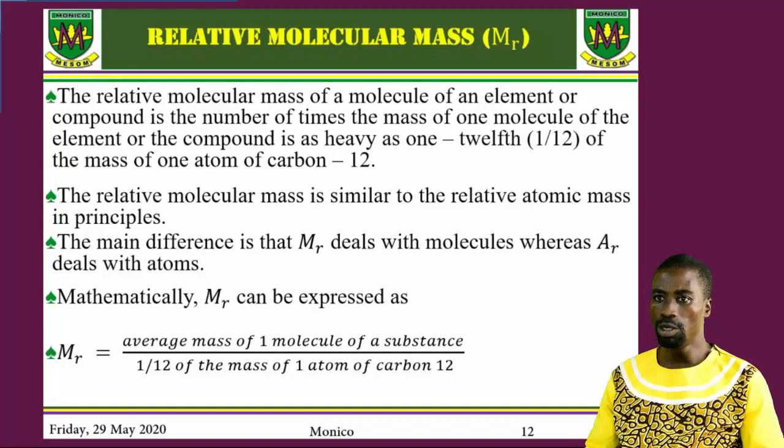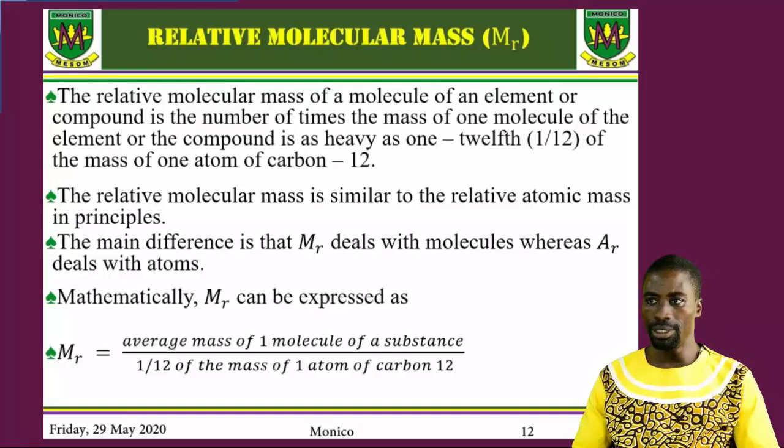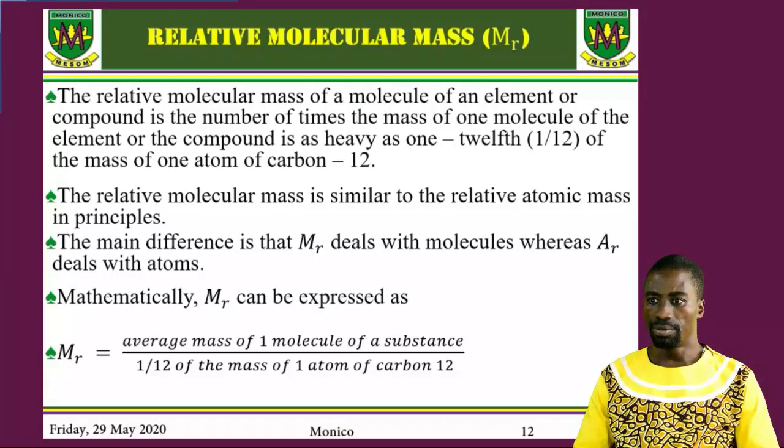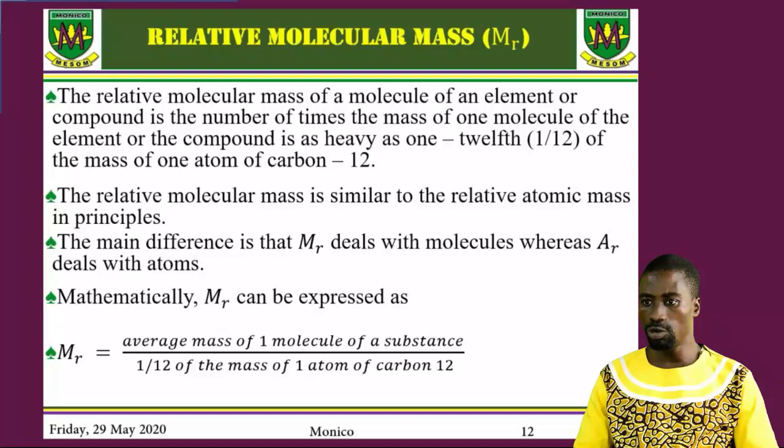But the principle we use to determine the molecular mass and the atomic mass is virtually the same, or similar. So mathematically, relative molecular mass is equal to the average mass of one molecule of a substance compared with 1/12 the mass of one atom of carbon-12. All right.